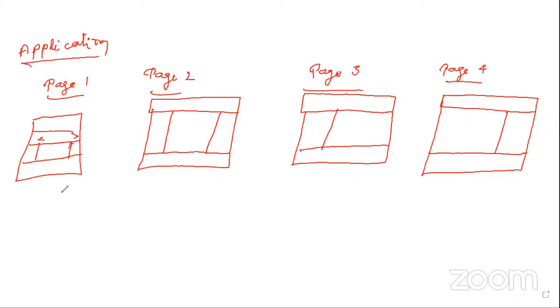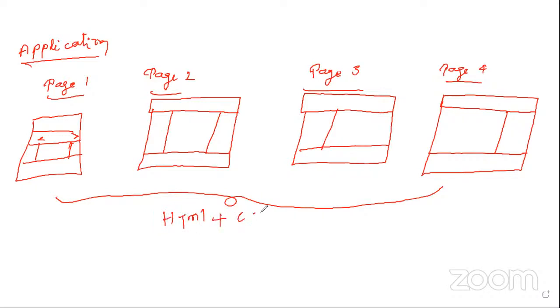If you want to create this kind of layout, any kind of layout, we have to use a combination of HTML for designing a page plus CSS for styling a page. How are we going to create this layout? Step 1, we have to use HTML to design a page.